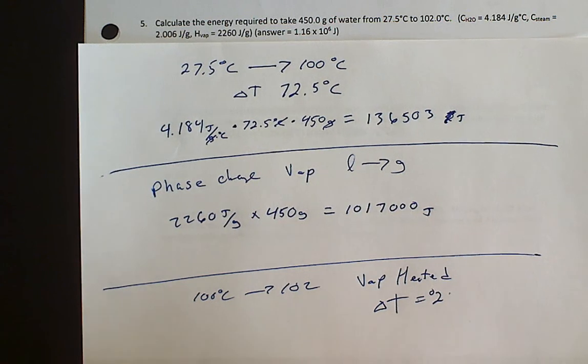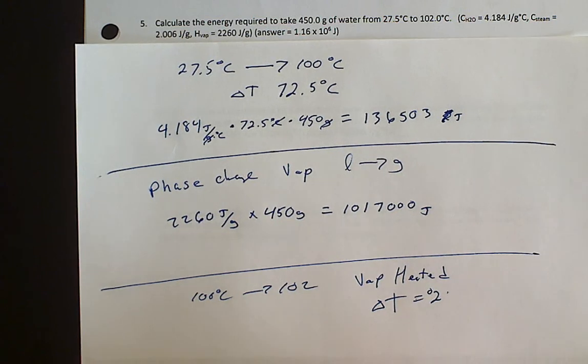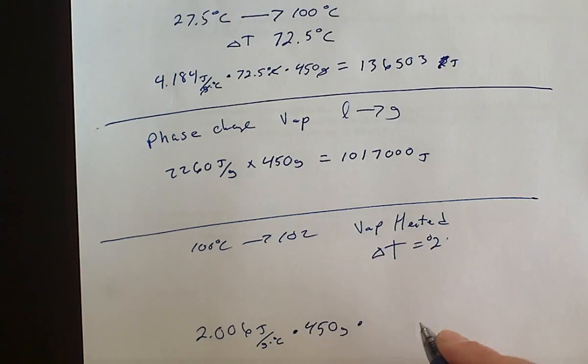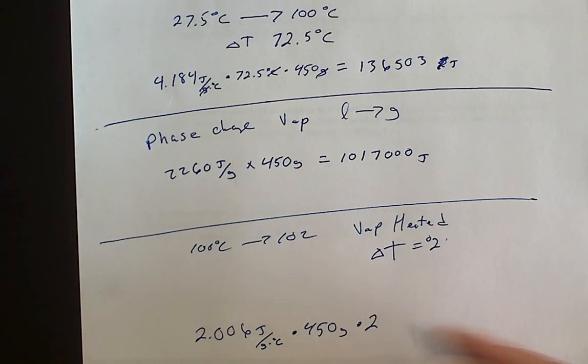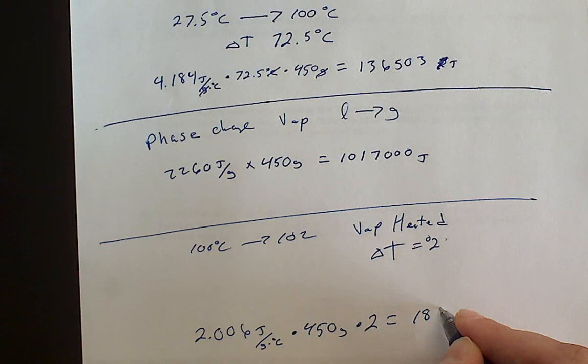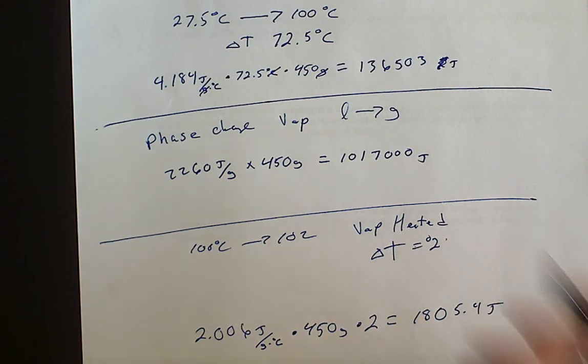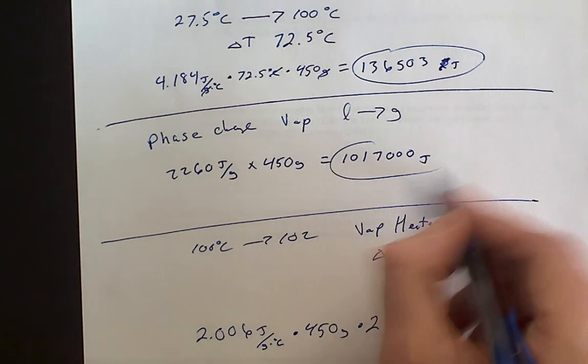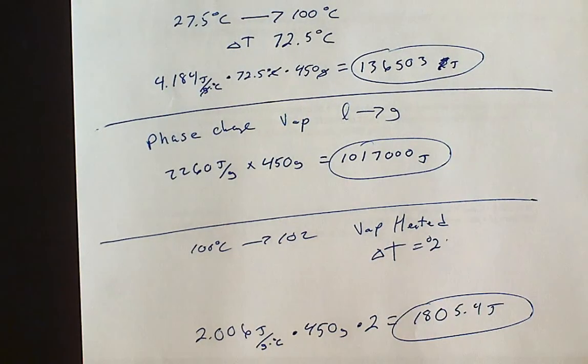So we're going to multiply that by our 450 grams, and then multiply that by the 2 degrees of temperature change that occurs. And that gives us a number of 1805.4 joules. Okay, so we've got energy required from these three steps.